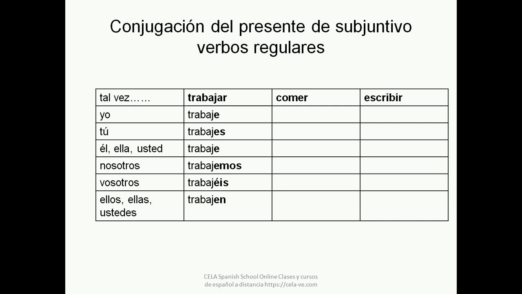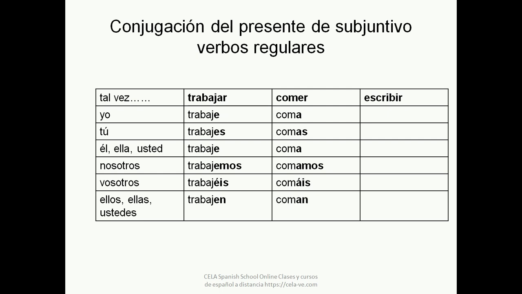Comer. Tal vez coma. Comas. Coma. Comamos. Comáis.